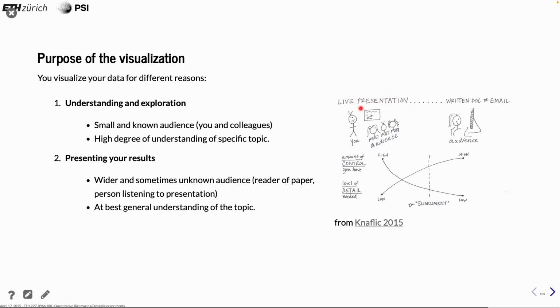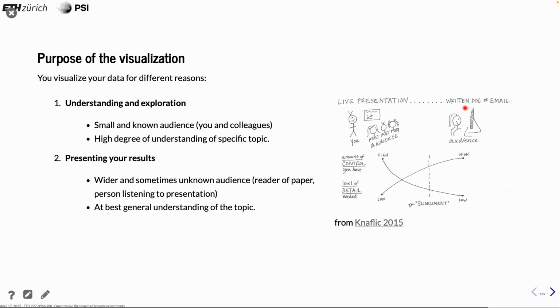If you have a live presentation versus a written document or an email, the difference is that in a live presentation, you are standing there and you can also interact with the audience, and that makes the amount of control high, but you don't need so much level of detail in your presentation.